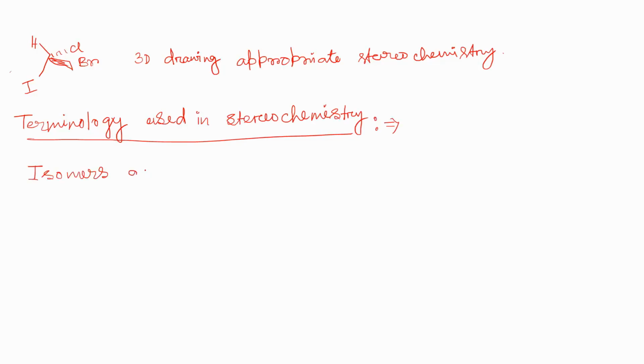You are already familiar with the concept of isomers: different compounds which have the same molecular formula. Here we will learn to make distinctions between various kinds of isomers, especially the stereoisomers. So what is an isomer? Different compounds with the same molecular formula.